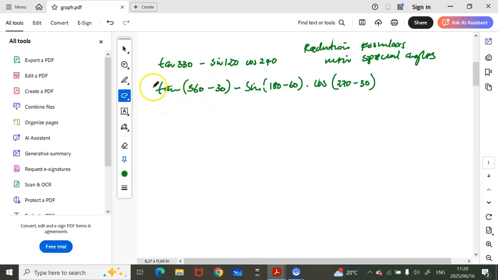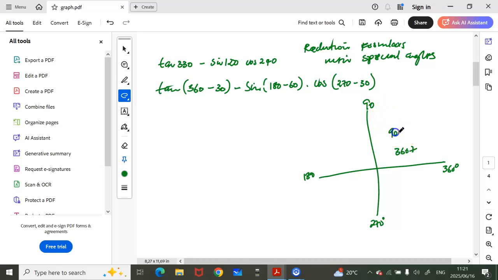Now the second part of what we're supposed to do here, we are looking at what is inside the brackets. If you remember very well, our four quadrants, every angle on the first quadrant is less than 90 degrees, and also let me say we've got 360 plus here and 90 minus theta.